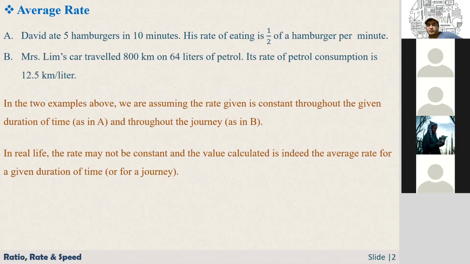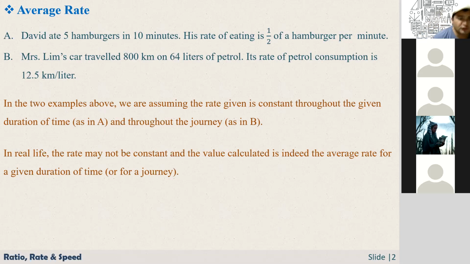Here were two examples that give us a lot of idea about average rate. In the two examples above, we are assuming the rate given is constant through the given duration of time, as in A, and throughout the journey, as in B. But in real life, the rate may not be constant, and the value calculated is the average rate for a given duration of time or a journey, right?